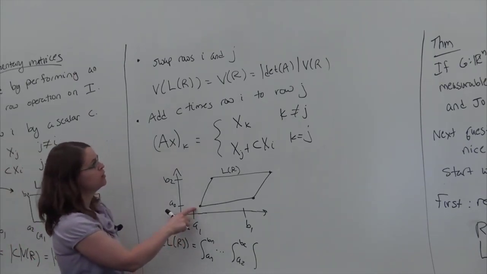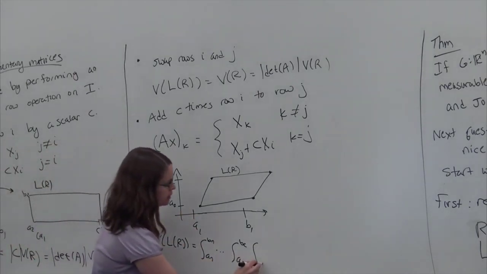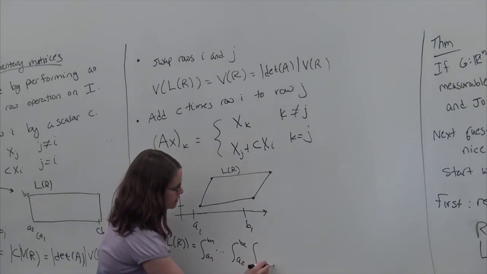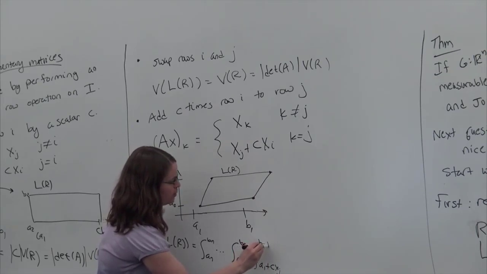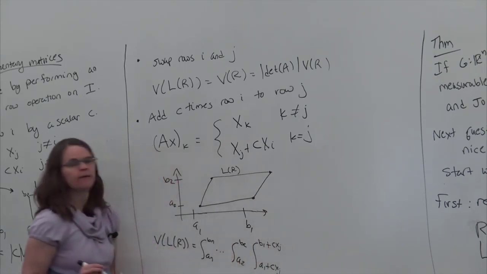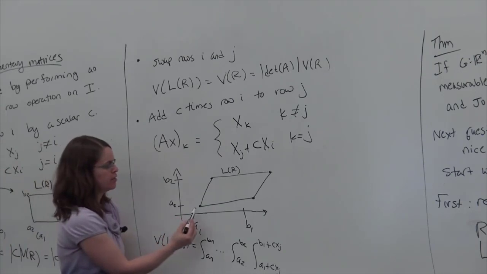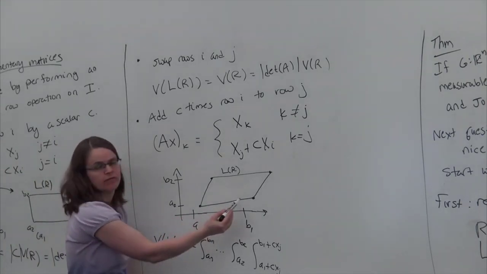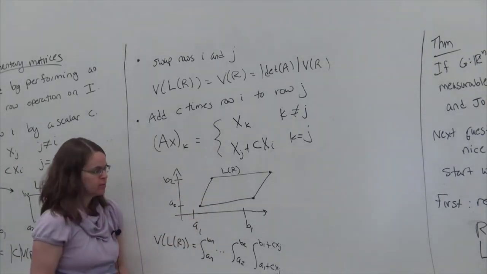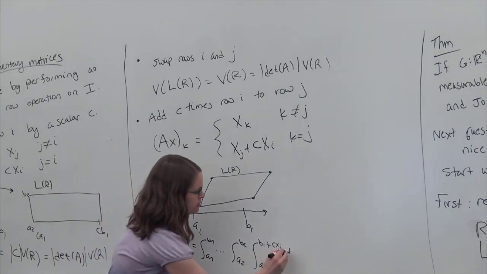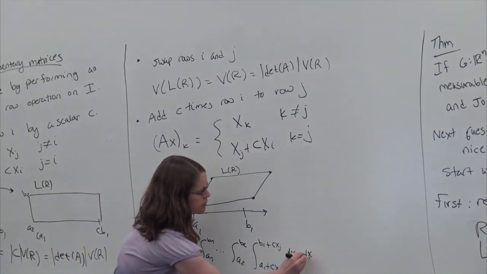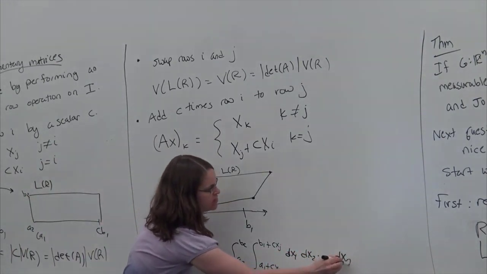And now here we're integrating from a1 plus cxj to b1 plus cxj. So our limits have changed a bit. Our limits along here depend on where we are vertically, on the jth component. And then we have this iterated integral.